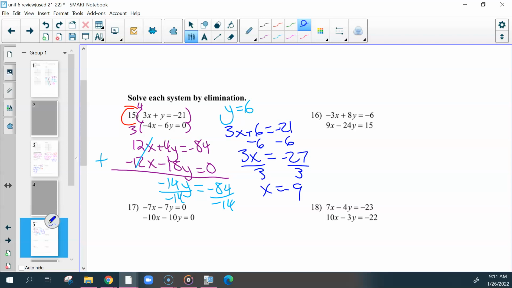So our solution here would be negative 9, 6. Do we have any questions on 15?